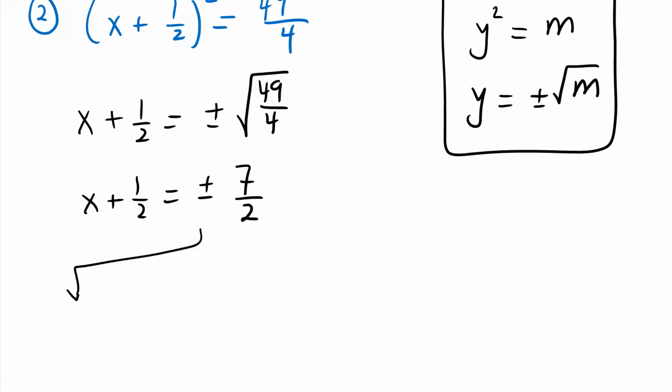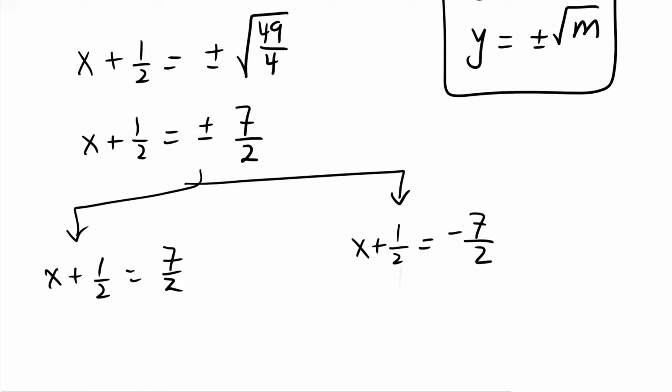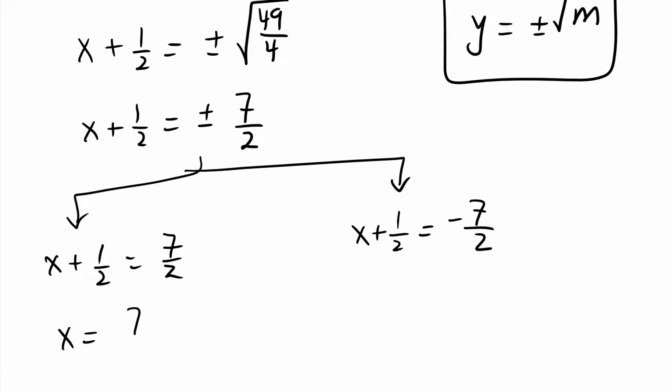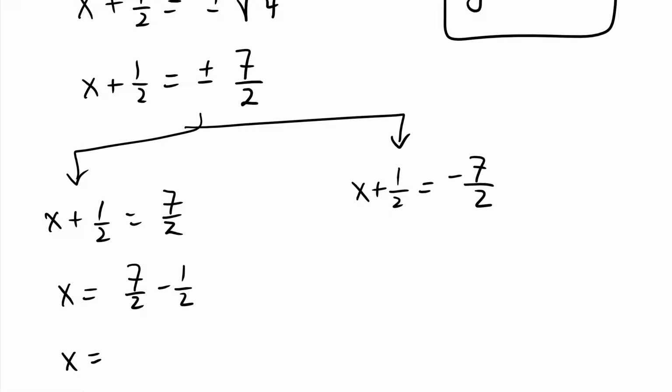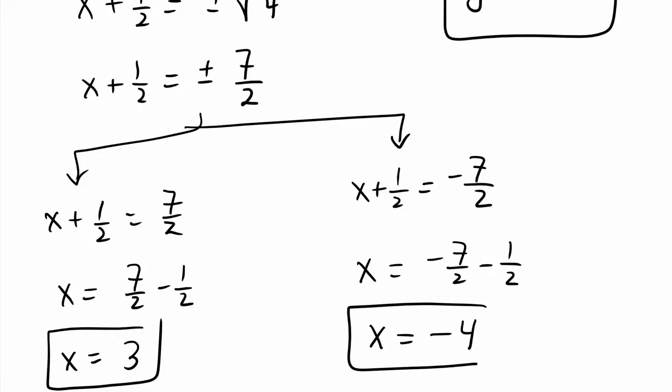The plus or minus means two cases. One time it's a plus, one time it's a minus. So subtract 1/2 on both sides. You get x equals 6 over 2, which is 3. Subtract 1/2 on both sides. Negative 8 over 2, negative 4. Ta-da!